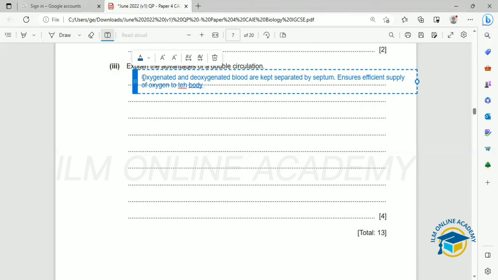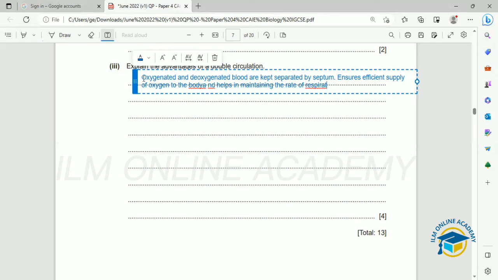And if an efficient amount of oxygen is supplied, it results in an efficient rate of metabolism or respiration taking place, so it helps in maintaining the rate of respiration.